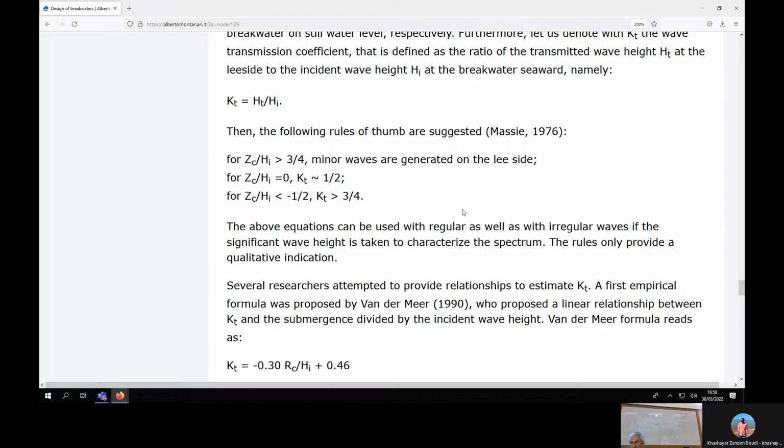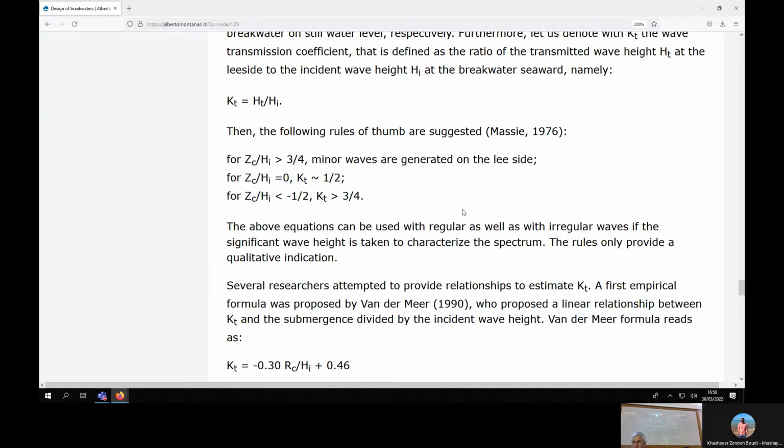If instead you have that ZC is equal to 0, anyway, you have a dampening effect that is caused by the submerged part of the breakwater. So basically you have a reduction of about 1/2.